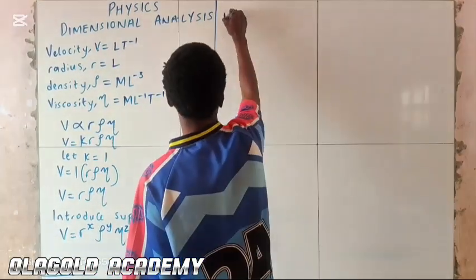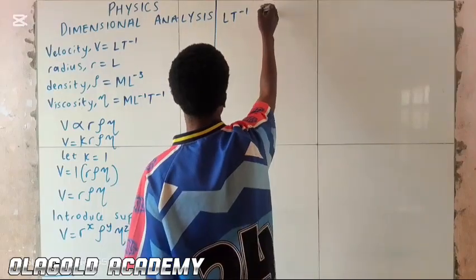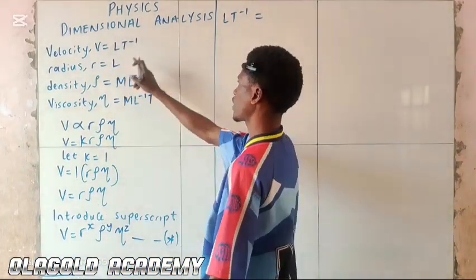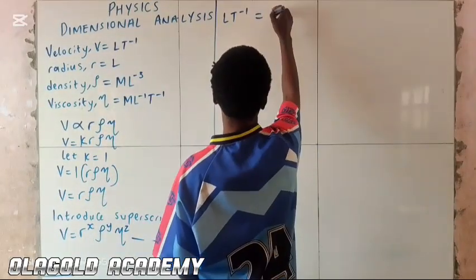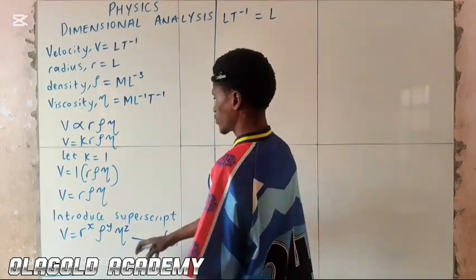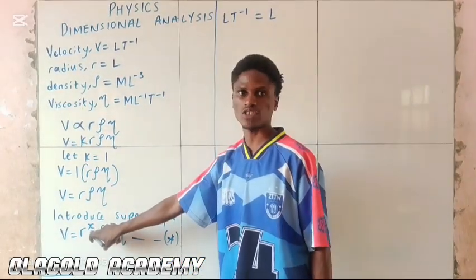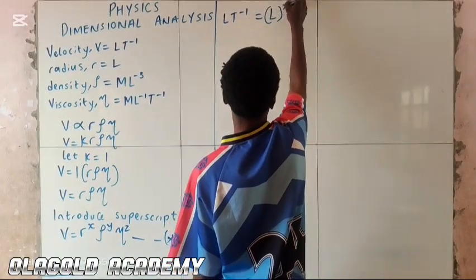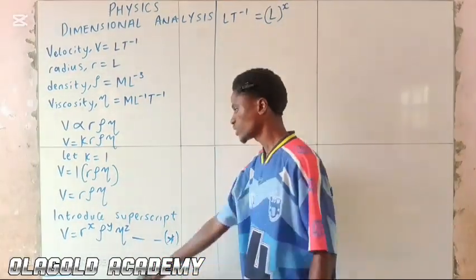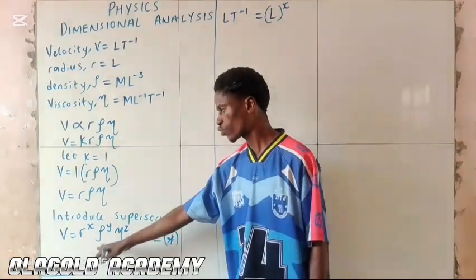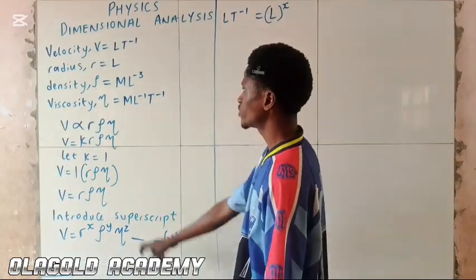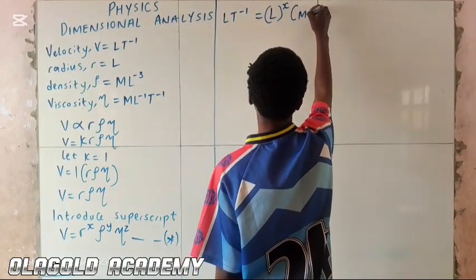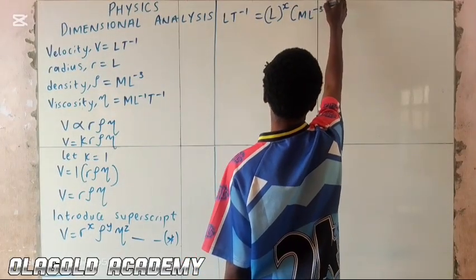So we have LT minus 1 equal to the dimension for radius, which is L, a length. It has a superscript of x, so we have L to power x. Next we have density, which is rho, and the dimension for density is ML minus 3.